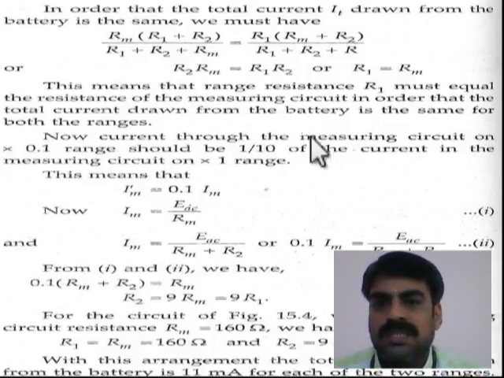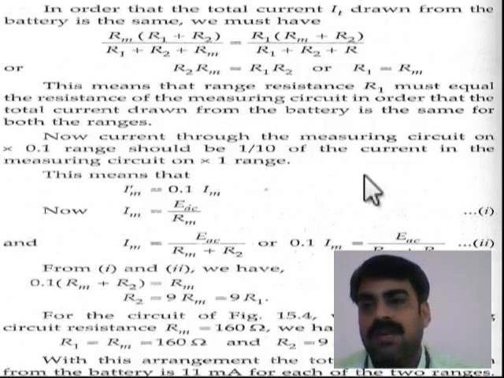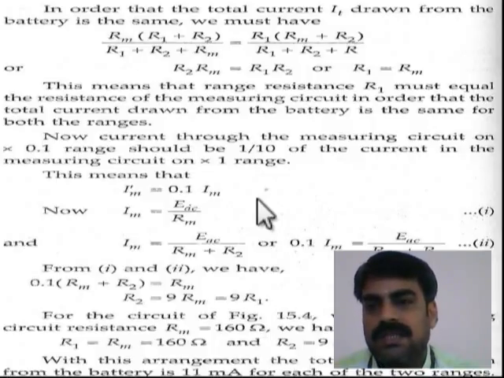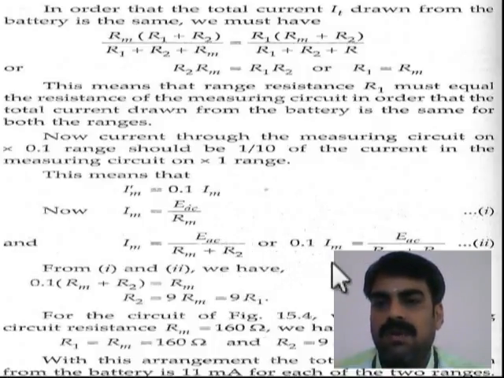Now the current through the measuring circuit on the second range, 0.1 range, should be 1/10 of the current in the measuring circuit. So we write Im dash equal to 0.1 times Im. And how much is Im? Im is EAC divided by Rm. EAC is known to us, so it won't be a problem to find Im. And Rm is modified into Rm plus R2 according to the second range, and 0.1 times Im is equal to EAC upon Rm plus R2.